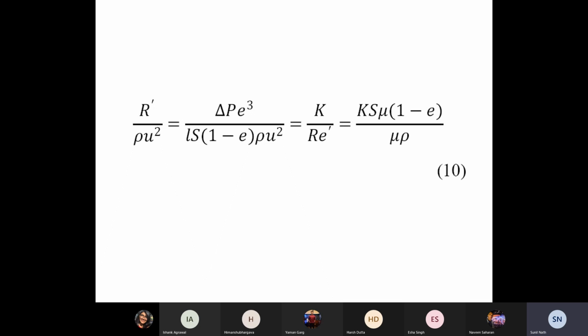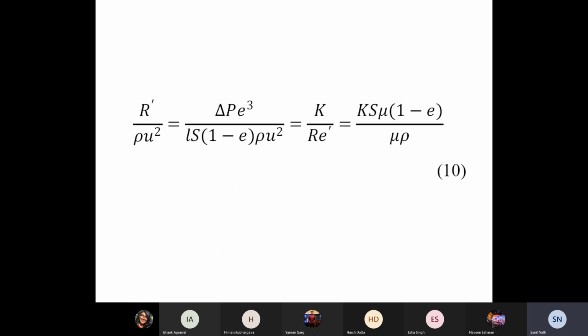Naturally, because I have put in for u the superficial velocity by e. So the right-hand side of the first equality is indeed the superficial velocity.